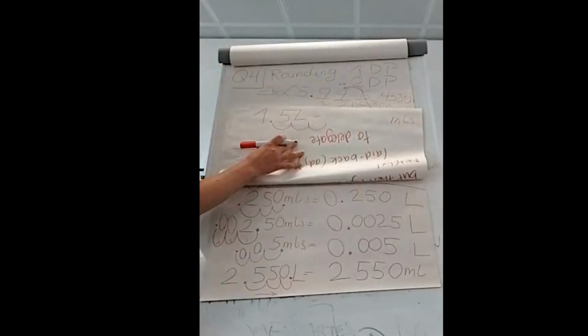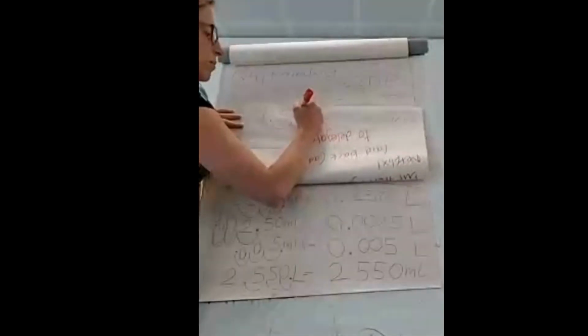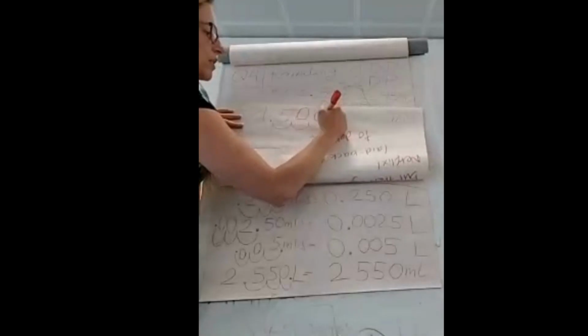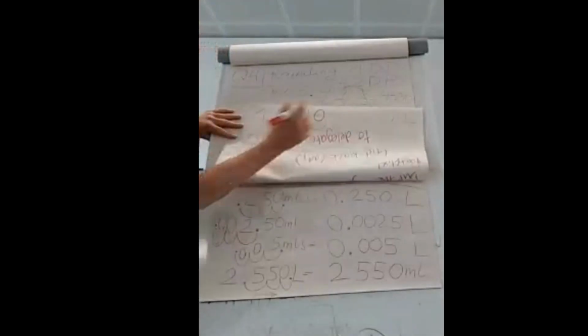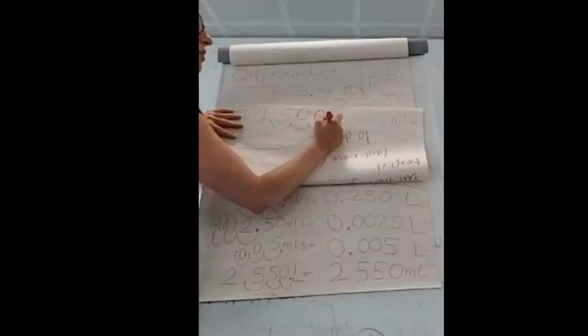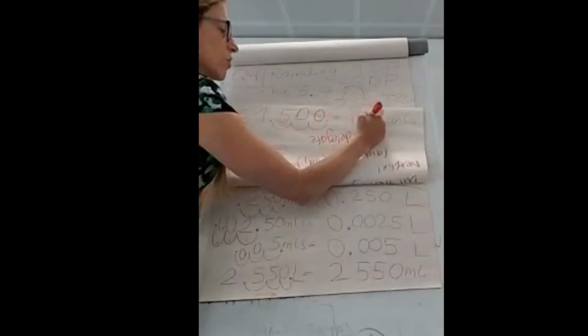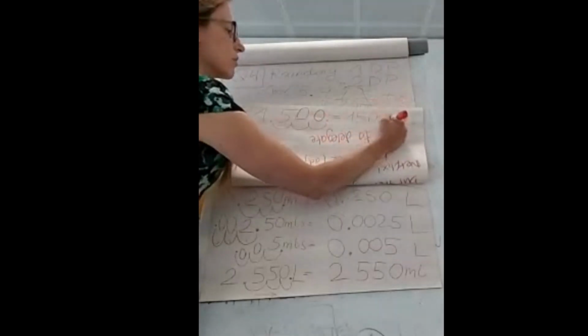So we have to put a 0 there. So we put 2 zeros here. So here's the dot. So we're going to write 1, 5, 0, 0. You can have a dot here if you want to. You don't have to.